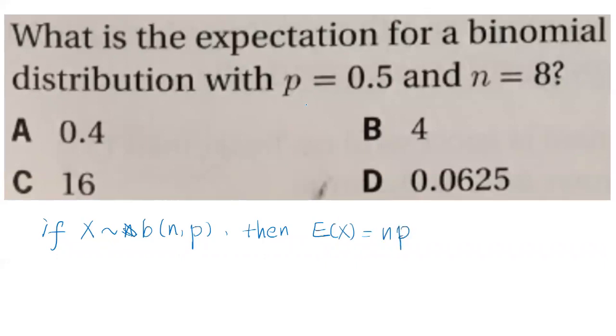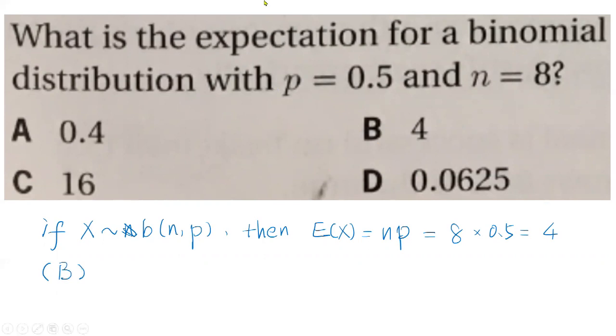So we can directly use this formula to calculate the expected value. Here N is 8, P is 0.5, so the product would be 4. So here B is the correct option.